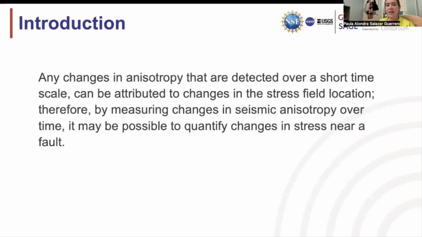So any changes in anisotropy that are detected over a short time scale or a short period of time can be attributed to changes in the stress field location. Therefore, by measuring changes in seismic anisotropy over time, it may be possible to quantify changes in stress near a fault or a fault zone.